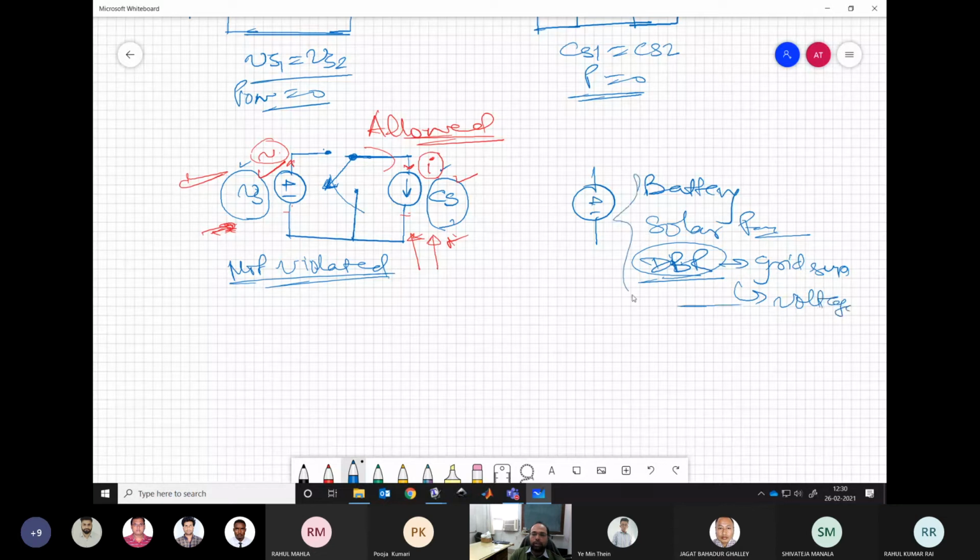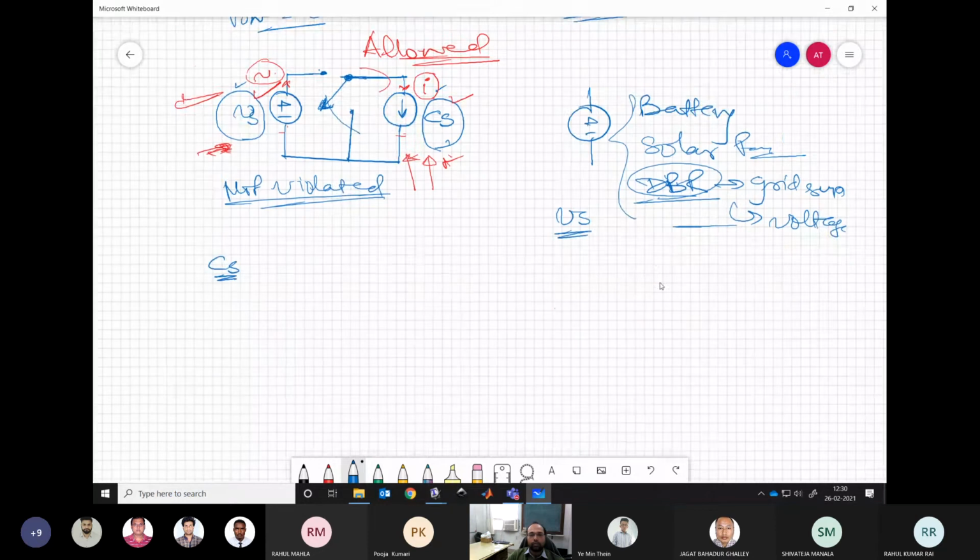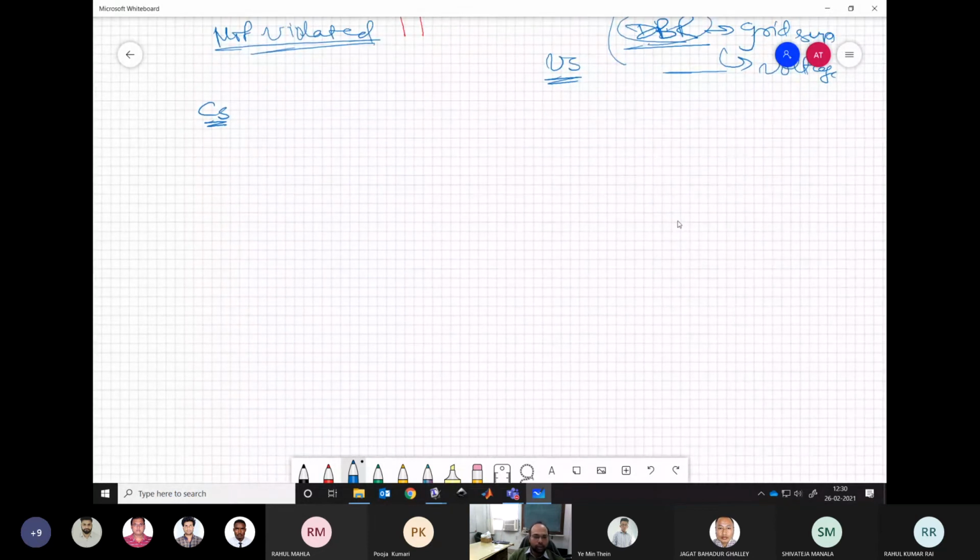All these arrangements you can make very easily to have a stiff voltage source. Now, what about the current source? How can we realize that? The current source is nothing but a stiff current element.